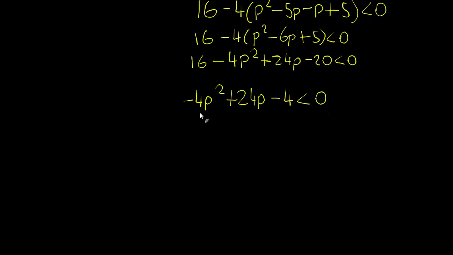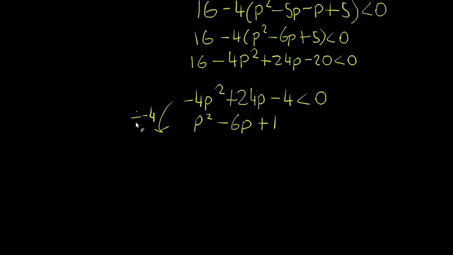It's not that nice to factorise because we've got this minus 4p squared, so I'm going to divide everything by minus 4, which gives us p squared minus 6p plus 1.